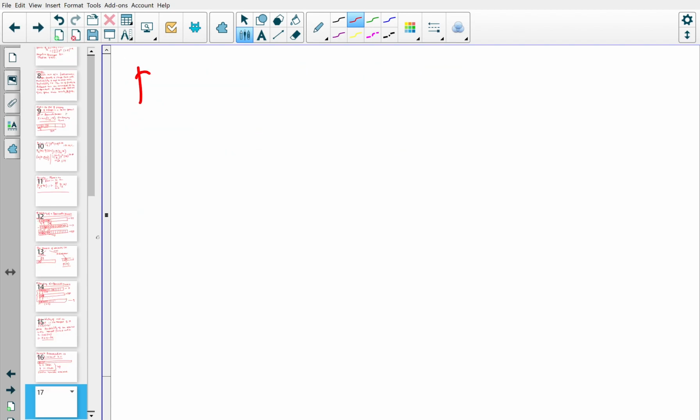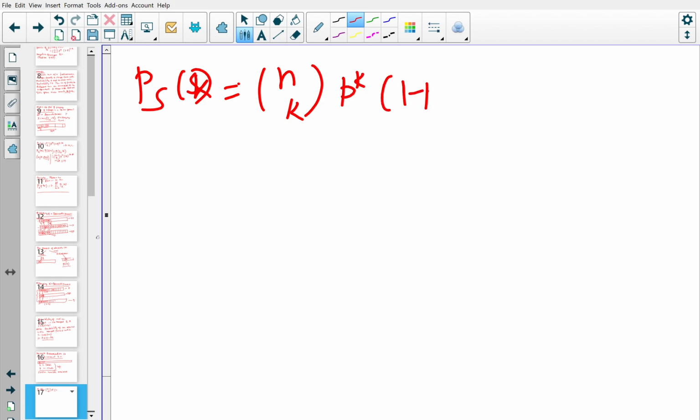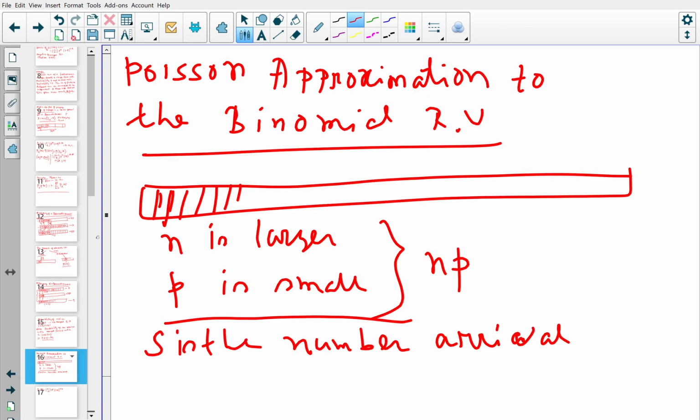So the mass function will be the limiting case, right? So you can write down n choose k, p power k, 1 minus p power n minus k, which was the original, and here you know that np is moderate, lambda.